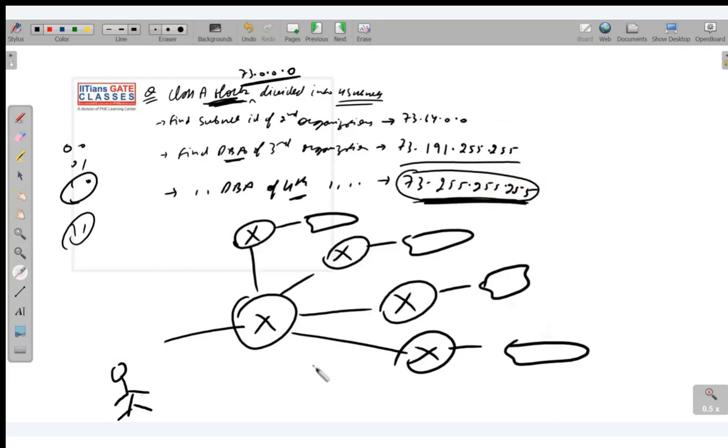But if you are standing in this organization, and you want to broadcast the packet in this subnet, you will use the same IP address. So it's all about where exactly you are standing.